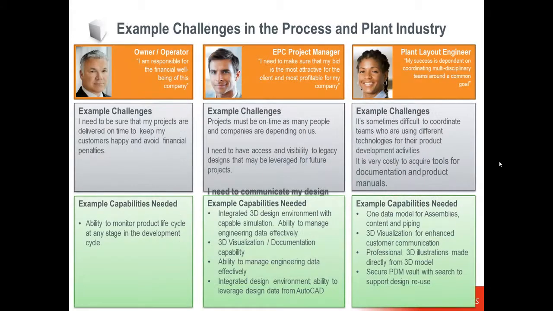Some of the example challenges in the process and plant industry, these are straight from our customers. Most of them revolve around the timelines. Some because as a project manager or as an engineer, you have strict timelines to meet, and customers are really eager to know the right time for the project.